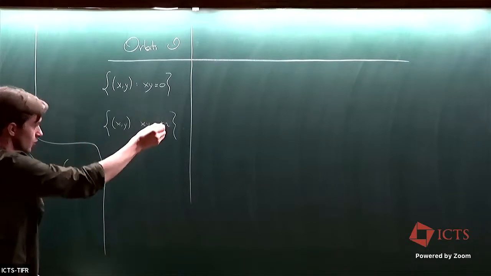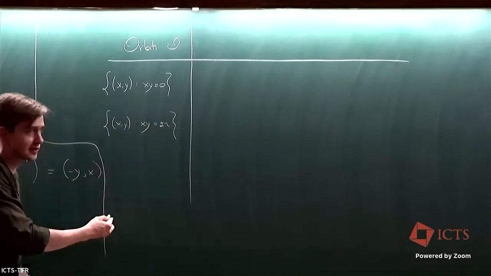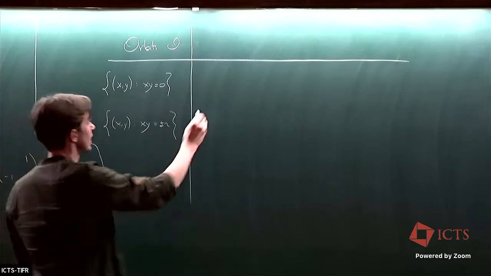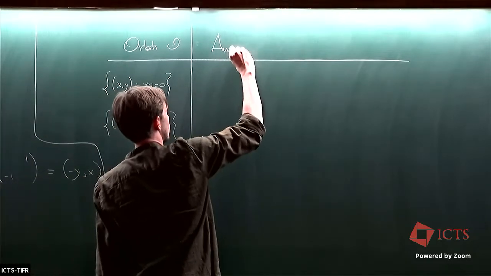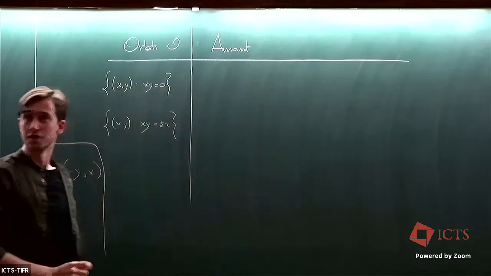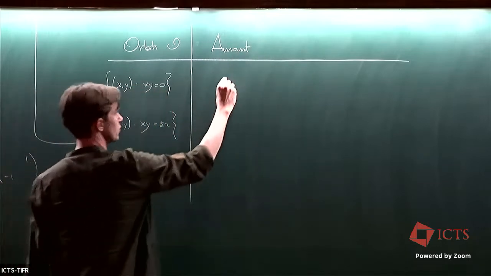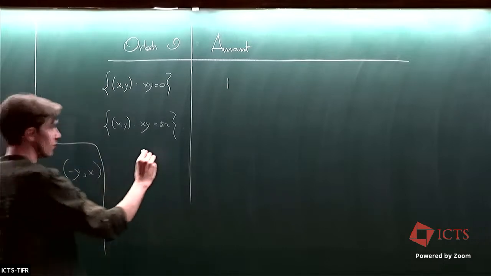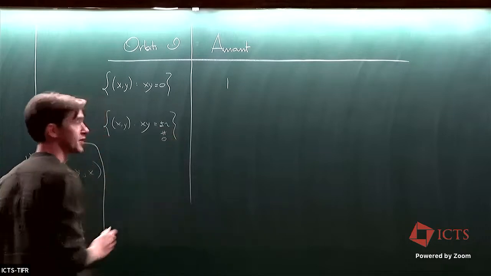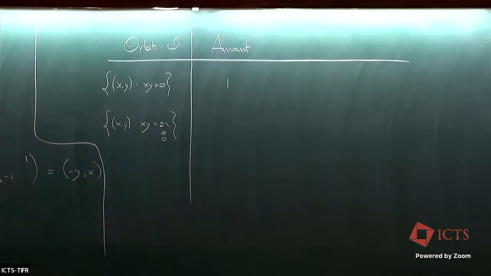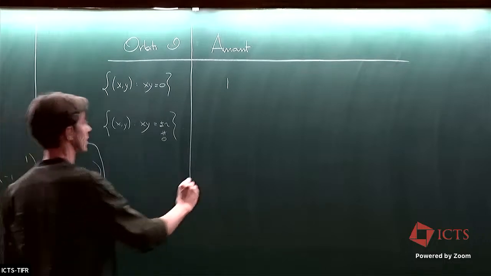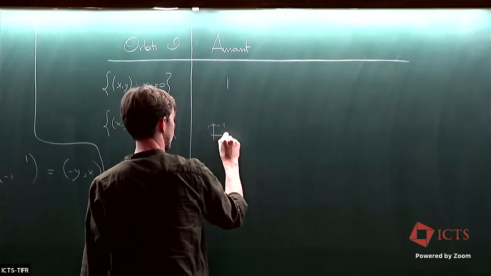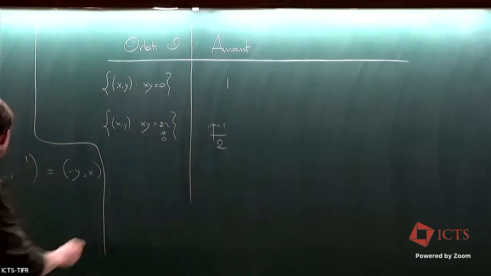I don't want to write 1, 2, etc., because I don't know how long this list is going to be. So I call them all like this, and I introduce a new column, keeping track of the number of such orbits. The first is just a unique one. And for this one, I have a choice of my element I, where I is non-zero. I didn't say this, but I is non-zero. So I have a choice of a non-zero element, which gives me p minus 1 choices, and now I divide by 2. So it's (p minus 1) over 2 cusps. And if I add them up, I get (p plus 1) over 2. That's what I had. So that's looking good.